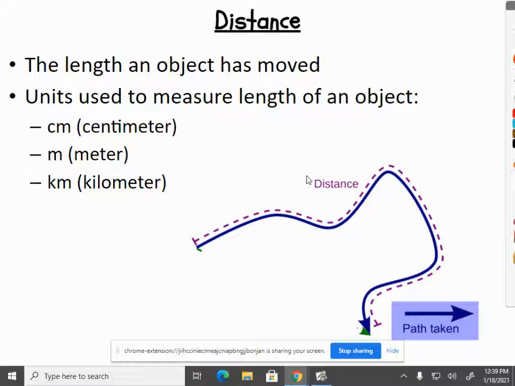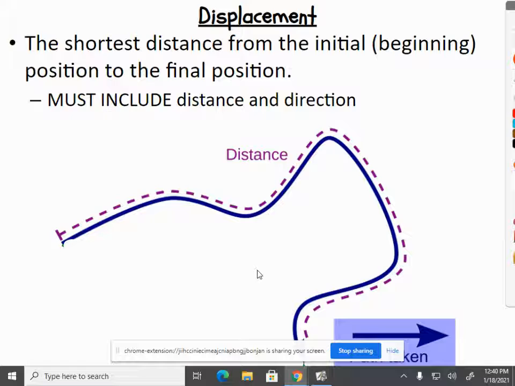Now, with Valmeyer, if you were to swim the river and walk, we're only maybe 4 or 5 kilometers away. But it takes about 45 minutes, so about 40 kilometers to get to Valmeyer by driving because there is no direct path. Displacement is the shortest distance, as the crow flies. So the shortest distance from the initial or beginning position to the final position.